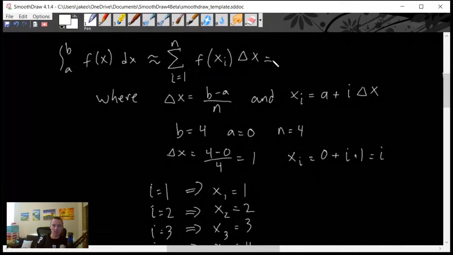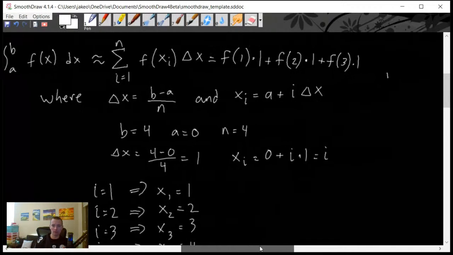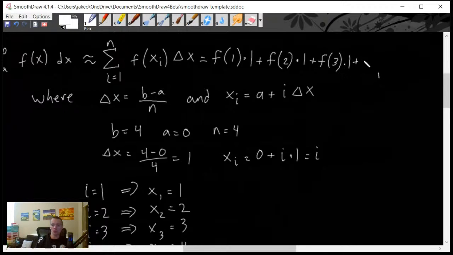So in this case, we're taking the sum of f of our first x value, which is 1, times delta x, which is 1, plus f of our second x value, which is 2, times delta x, which is 1. And then we would do that again also for our next 2 x values. Kind of running out of room here. Let me scroll over. Plus f of 4 times 1.